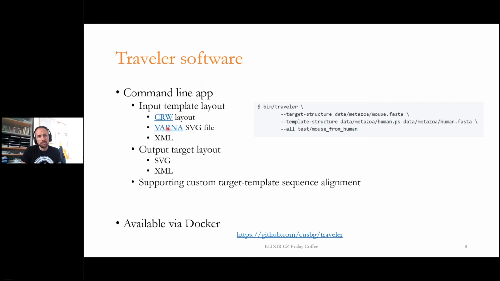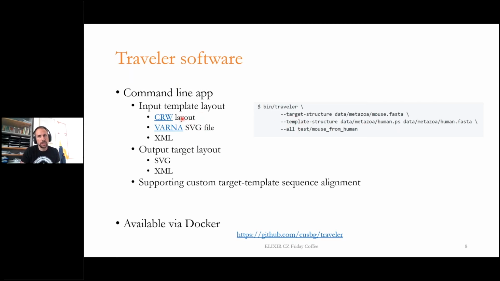Then the second type of input is the Varna SVG file. So Varna is probably the most popular tool for manually drawing secondary structure of RNAs, and it can output an SVG file which Traveler is able to parse.